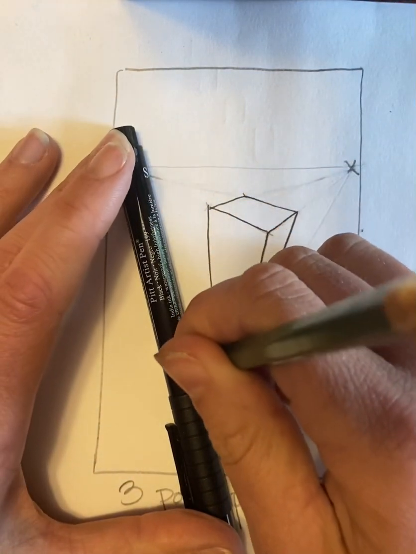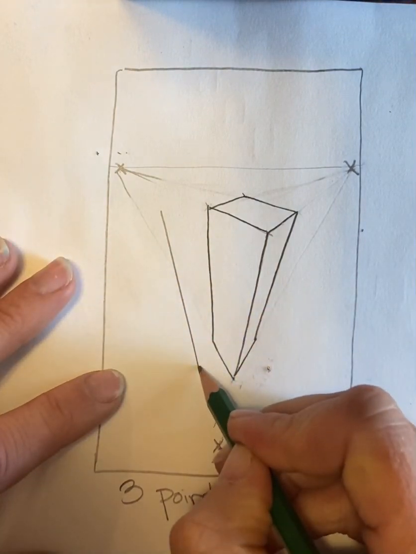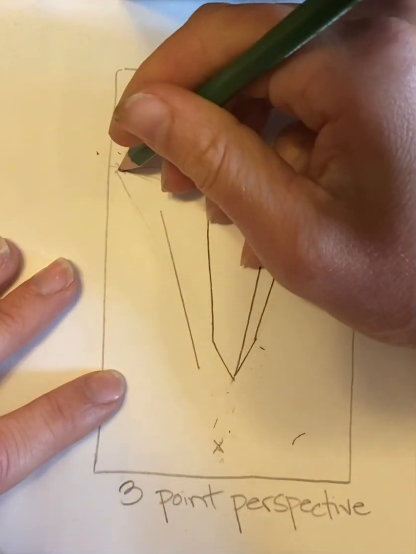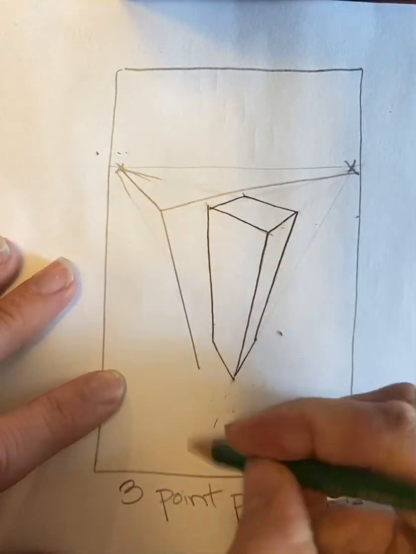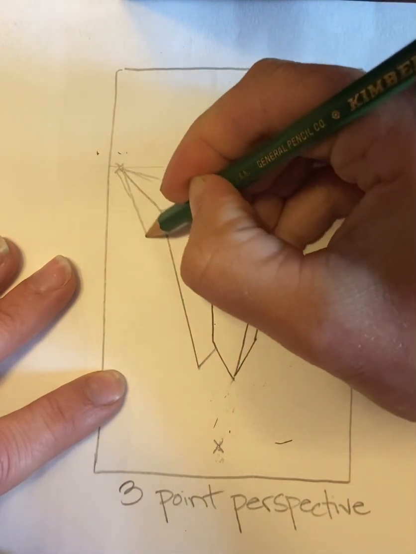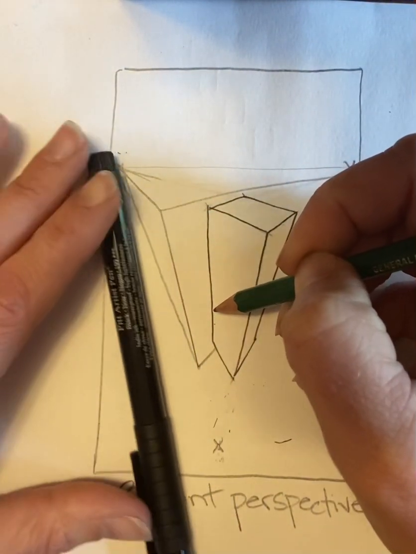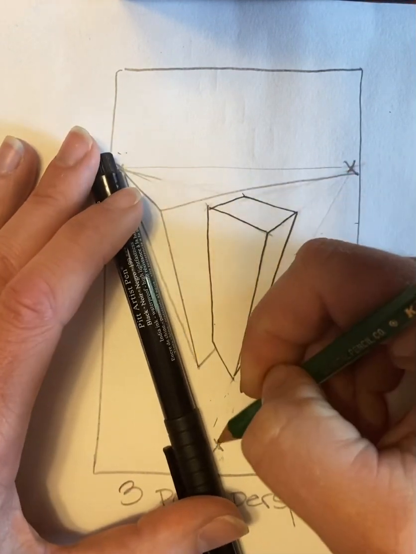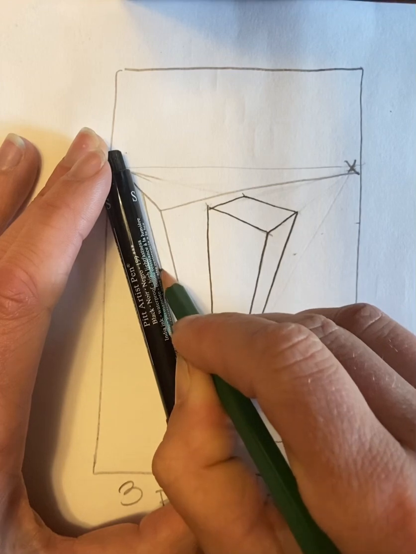So I'm going to go straight up there. So there's my first one. I'm going to take the top and the bottom and go to my vanishing points. I'm going to cut off the form going to my bottom vanishing point there.